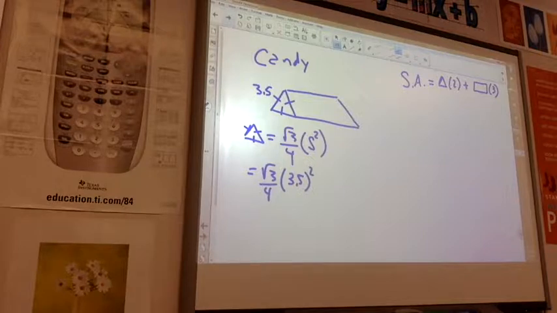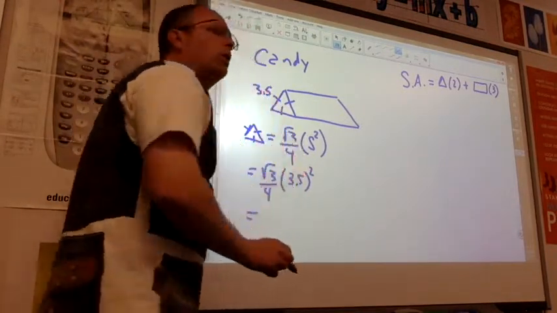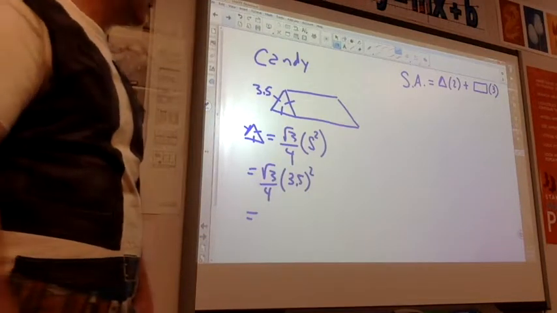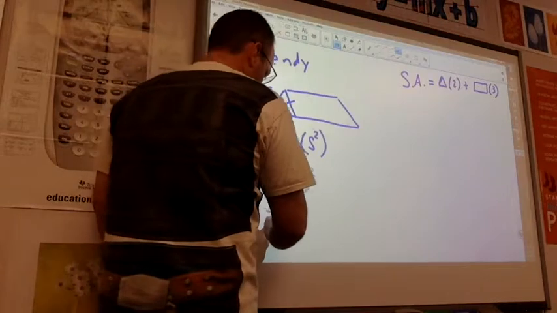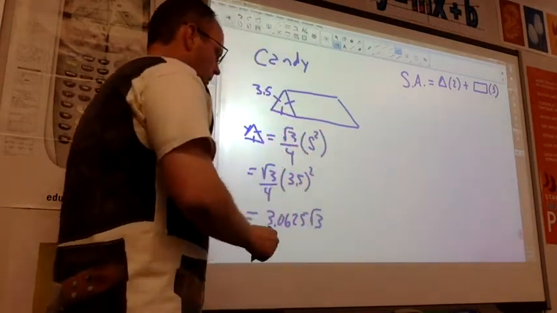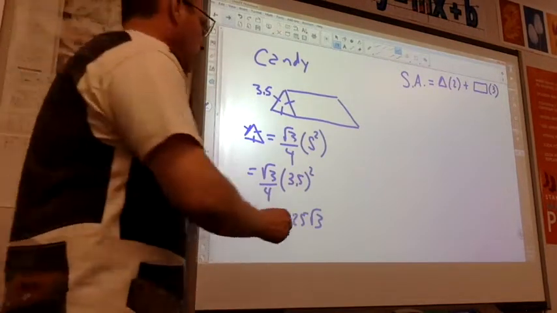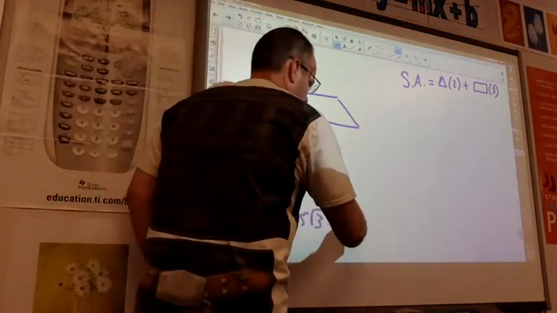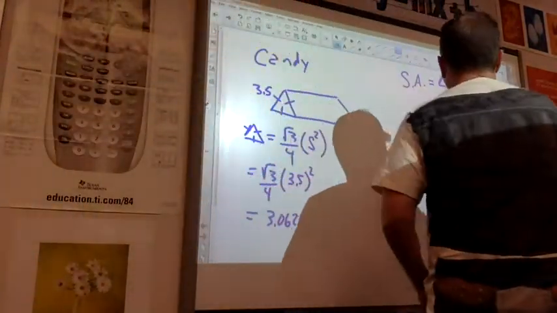It's 12.25. 12.25 divided by 4 is 3.0625, times root 3. How many of those triangles do I have? 2. And that's square centimeters. So let's multiply 3.0625 times 2.